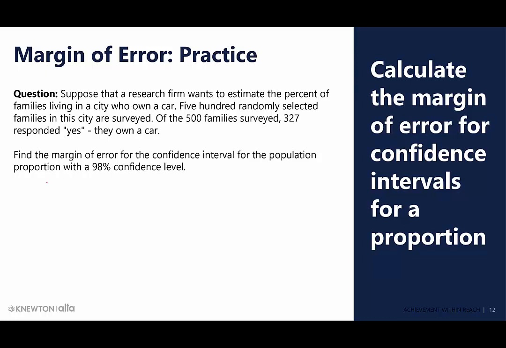So they want us to calculate the margin of error, which involves our z-score of alpha divided by 2, times that weird standard deviation, which was the square root of p prime times 1 minus p prime over n. That's our formula. So where can we start?